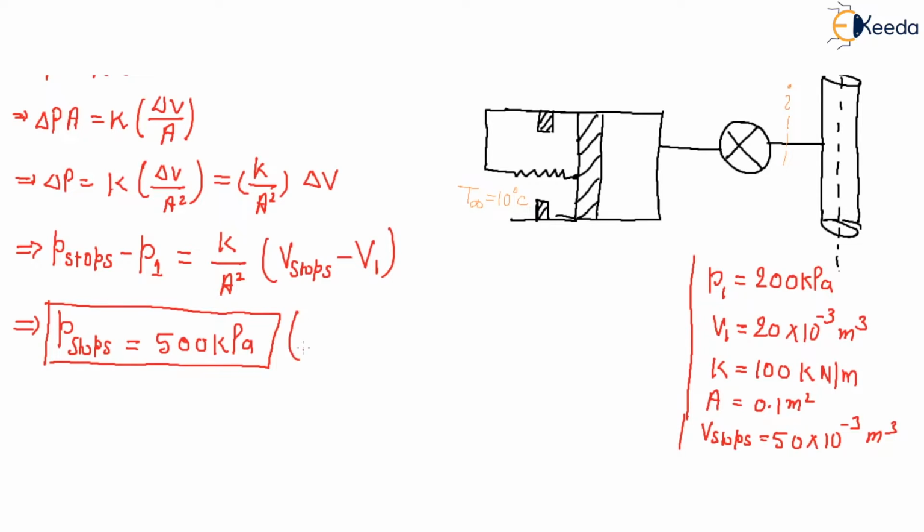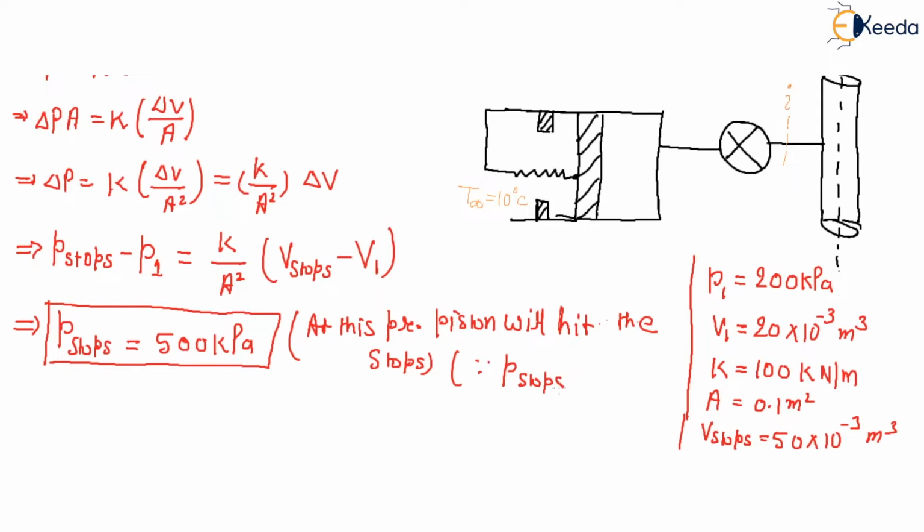That means at this pressure, the piston will hit the stops. Why? Because this stop pressure is less than the final pressure.